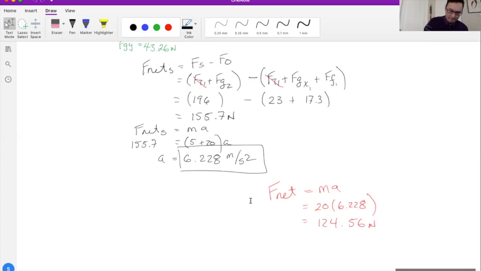Then F net for object 2 alone is equal to forces supporting minus forces opposed. The downwards movement is supported by the force of gravity, and the opposing force would be force of tension 1, which we're looking for.